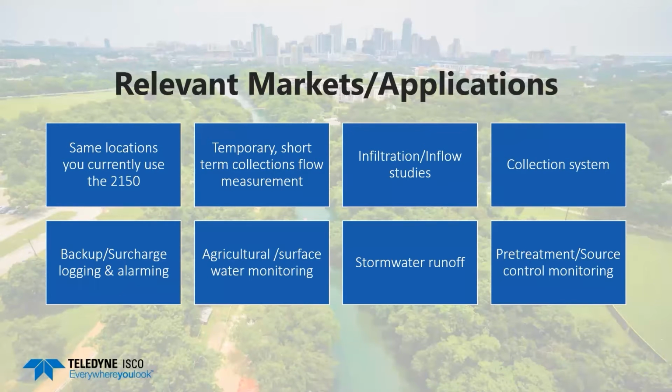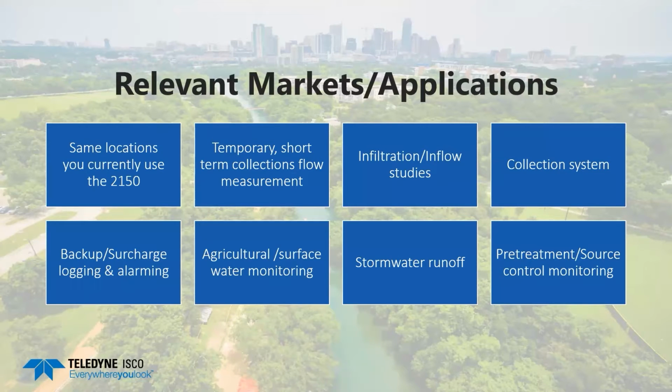All right, so let's talk about some of the relevant markets and applications. They're going to be used in the very same locations that you're using the 2150 currently. Those are a lot of times temporary or short-term monitoring conditions or applications, such as collection systems. A lot of times used in inflow and infiltration studies, or if you're from Europe, you might call them flow surveys, looking at what's happening in our system when it rains.